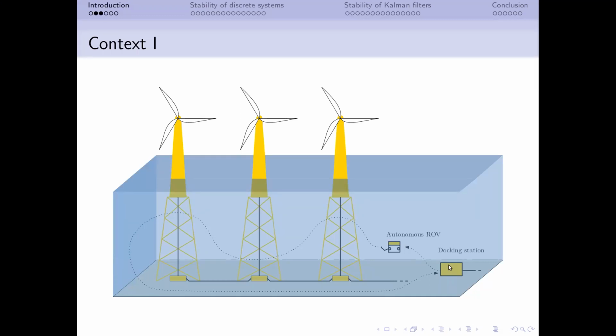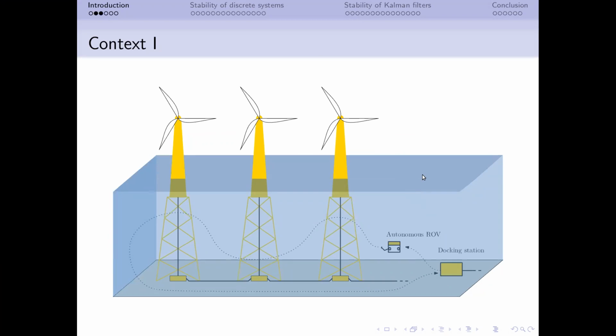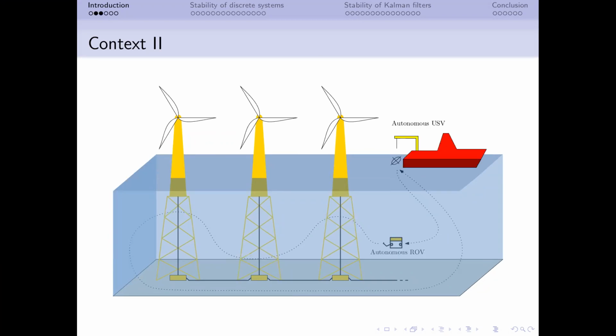This is being looked into right now by many offshore companies, because with the increase in the number of offshore wind farms, we need autonomous robots that can inspect them while being able to recharge, for example, in a docking station, or be deployed autonomously from a USV and be recovered autonomously. So that means we have a docking maneuver to perform, whether it's on a docking station or on a USV.